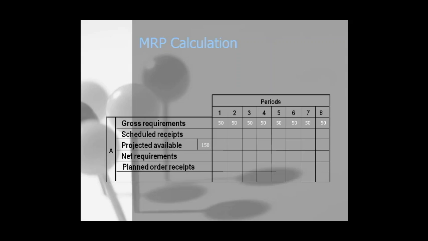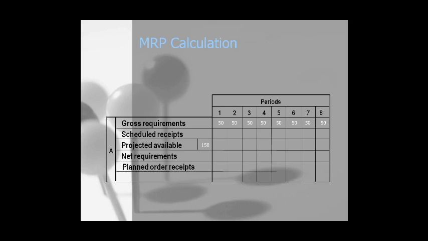MRP calculation is basically looking at your gross requirements, inventory that you have on hand, and any receipts, whether they're scheduled receipts or planned order receipts, doesn't matter, that you have that can supply the demand. So briefly, the calculation is you start with your available inventory. That's the projected available line.